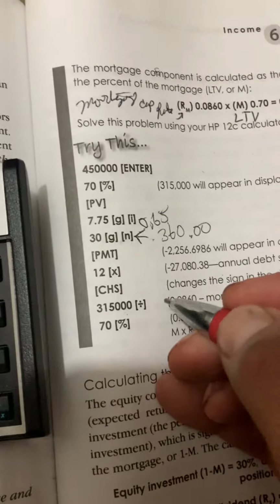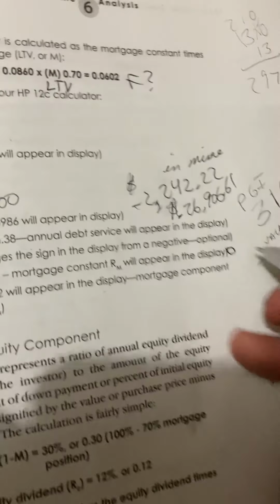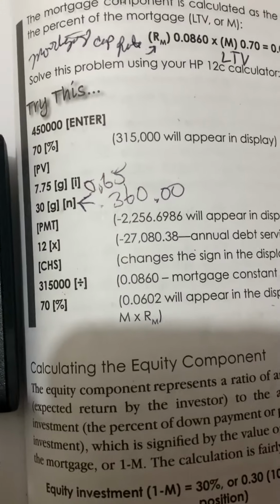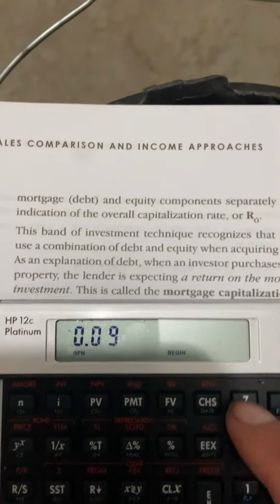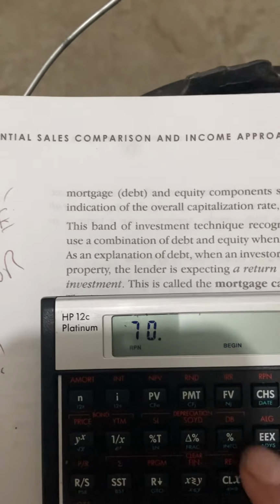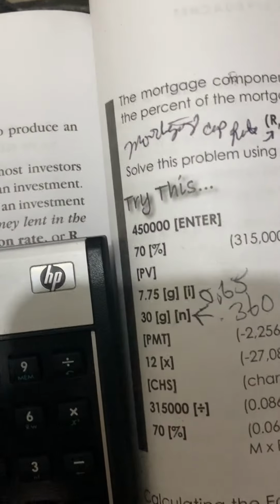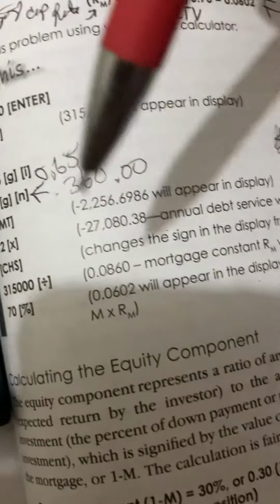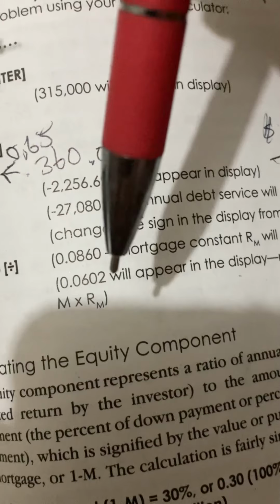Now press 70 and the percent. 0.0602. That's pretty damn close.